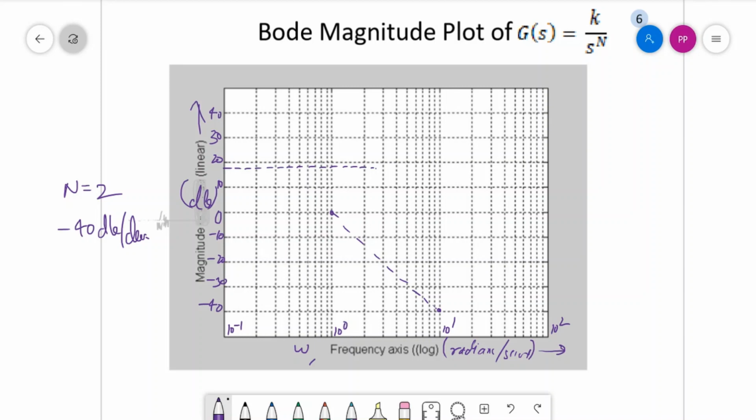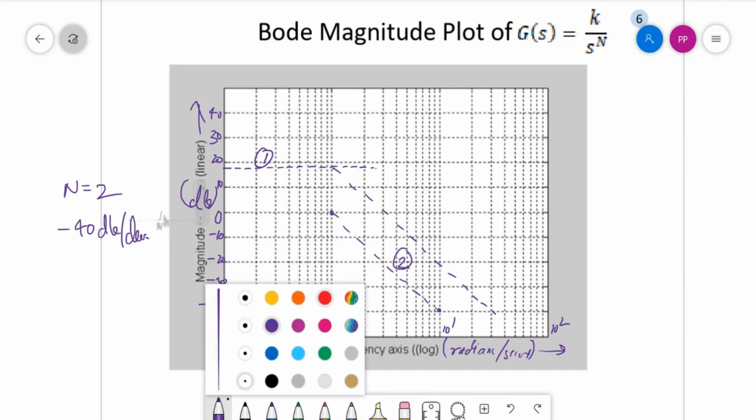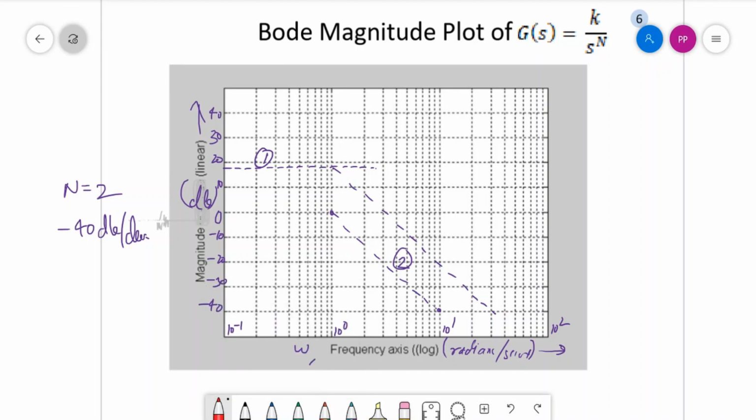But because there is a slope 0 asymptote already coming, which is the constant, both of these are added. So this is asymptote 1, this is asymptote 2, and I am adding both asymptotes. Then it should come something like this. So the final Bode magnitude plot should be like this.